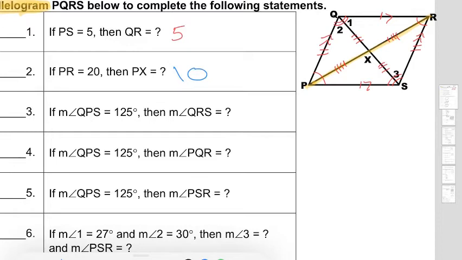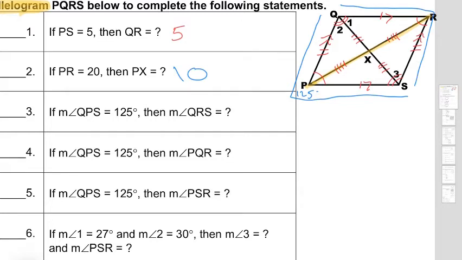So it says if angle QPS is 125 degrees, then what is angle QRS?